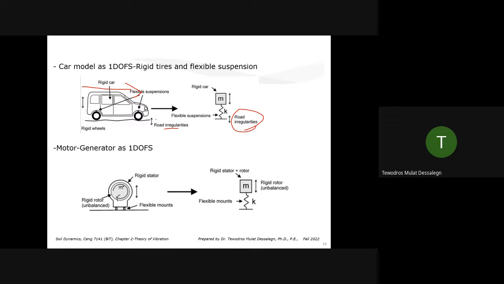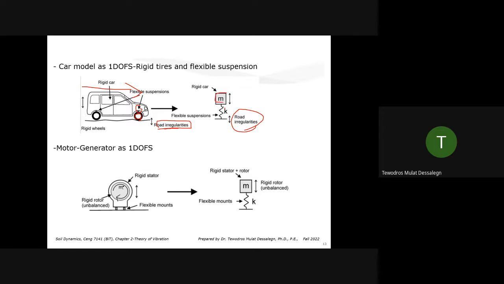And let's say this is a flexible suspension. You have the strut here. The flexible suspension is assumed as the K. This is assuming the tires are rigid. And the tires are receiving the irregular motion of the road. Then the mass of the car.